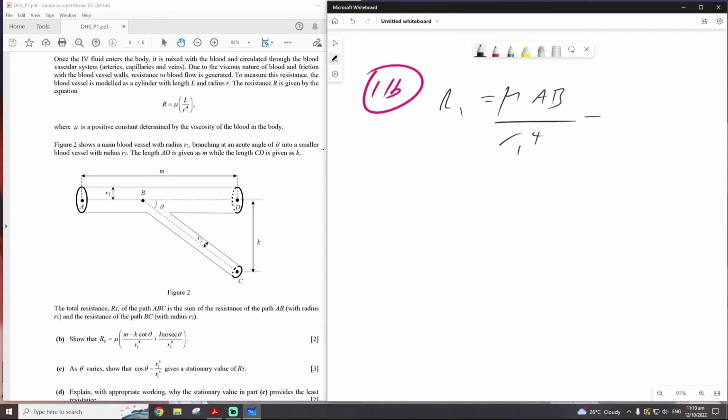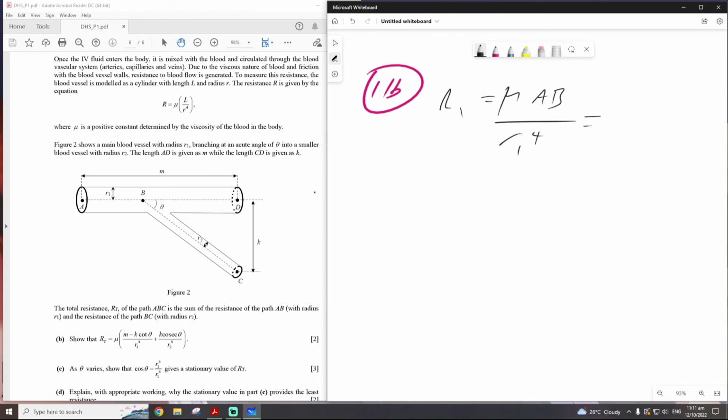And how do you get AB? Well, this is M and this is K. This is the opposite and this is the adjacent. So I want the adjacent from the opposite, so I take K cotangent theta.